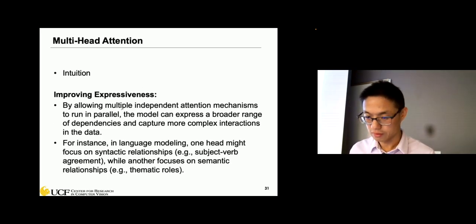And with that, it will definitely improve the expressiveness, because we capture different nuances in these representations that can help enhance the representation power of the network.